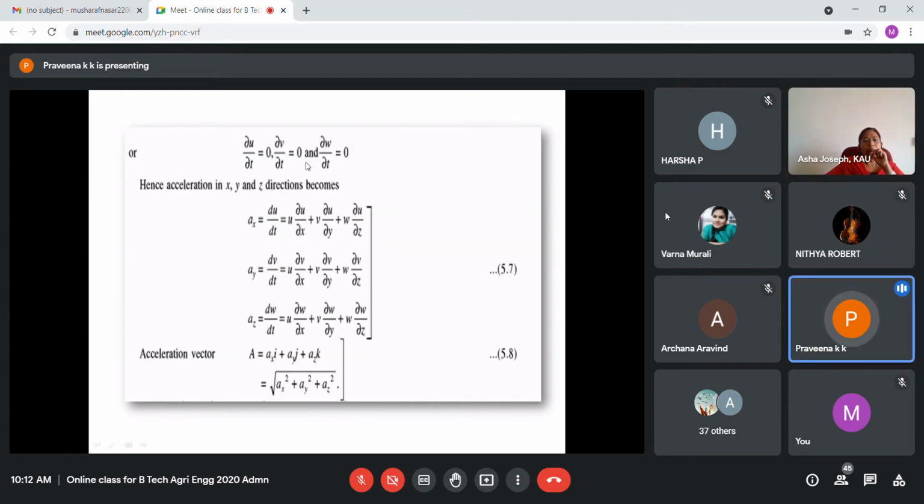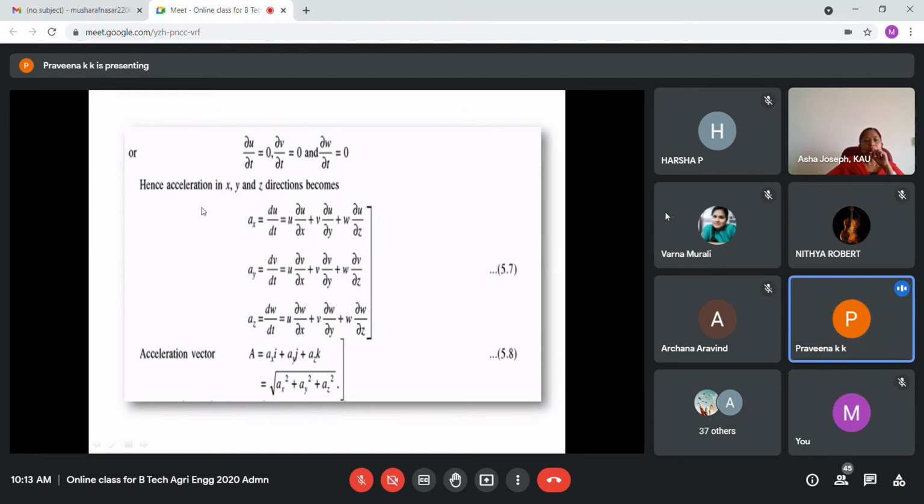Therefore, the other changes happening to velocity with respect to time in the x, y, z directions will also be 0. Dou u by dou t will be equal to 0, dou v by dou t will be equal to 0, then dou w by dou t equal to 0.